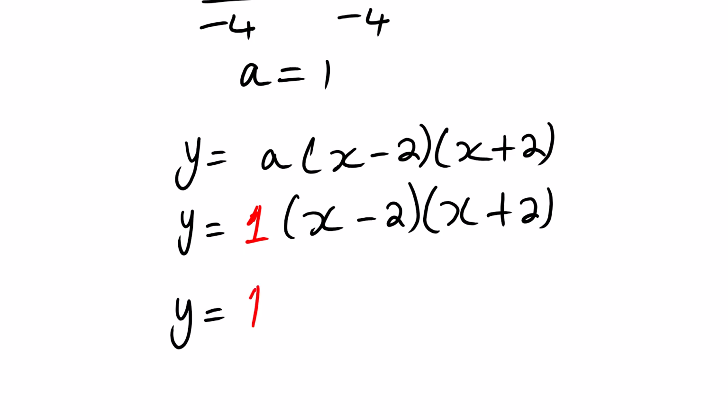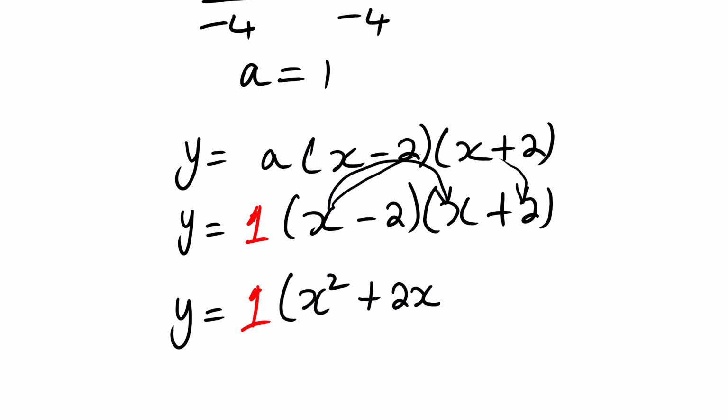We still have our 1, x multiplied by x is x squared, x multiplied by 2 is positive 2x, negative 2 multiplied by x is negative 2x, negative 2 multiplied by positive 2 is negative 4.